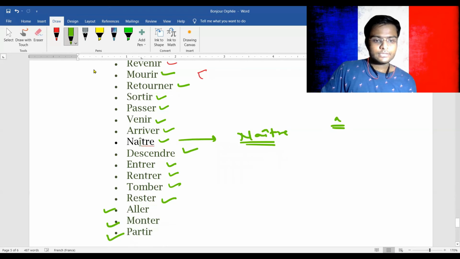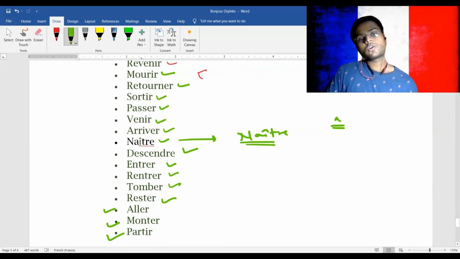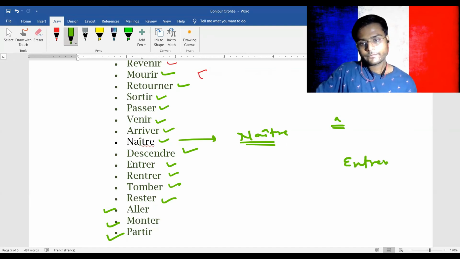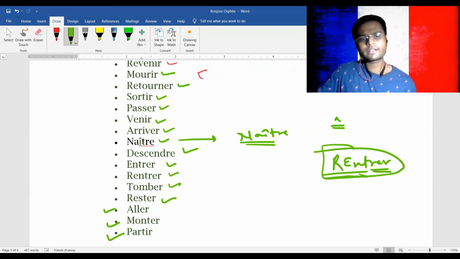Aller, monter, partir. Only these verbs will get conjugated with the être verb. But there is one thing. Suppose there is entrer, and then someone adds re, then it will become rentrer. So keep such things in your mind.